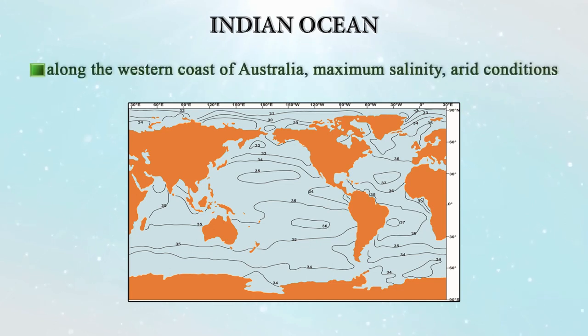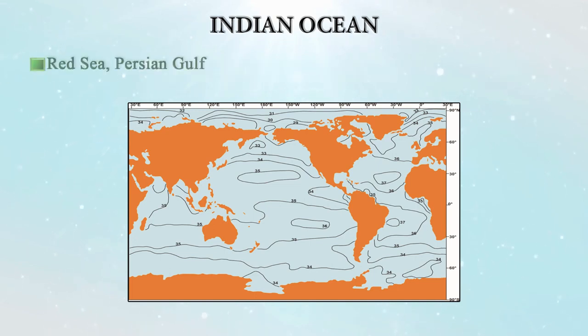And along the western coast of Australia, maximum salinity is found due to the arid conditions prevailing there. You should also note that some of the enclosed or partially enclosed seas like the Red Sea and Persian Gulf record exceptionally high salinity in the Indian Ocean.